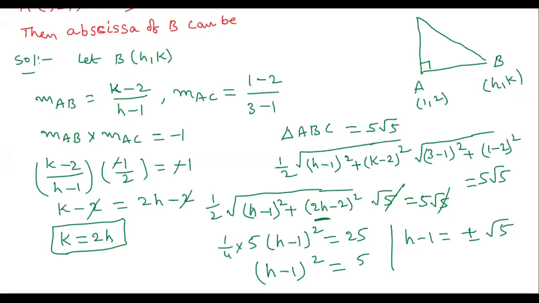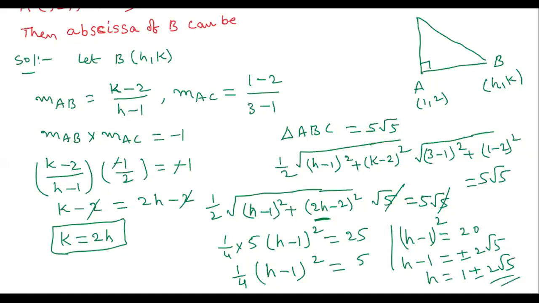Next, what do we get? Here some calculation. H minus 1 whole square is equal to 20. H minus 1 is equal to plus or minus 2 root 5. H is equal to 1 plus or minus 2 root 5. This is the abscissa value, by observing the options. So take either positive or negative.